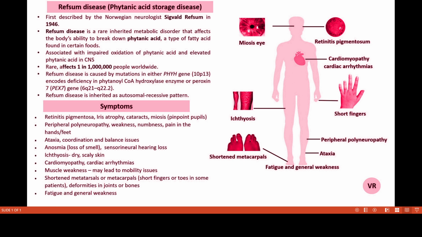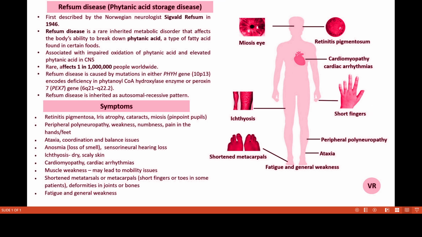Hydrating creams are used to treat the ichthyosis associated with the disease. Close monitoring of plasma phytanic acid level is crucial as recurrence of ichthyosis can be a marker of rising levels. Medications are given to manage symptoms of heart problems. Retinitis pigmentosa, anosmia, and sensorineural hearing loss may not improve.